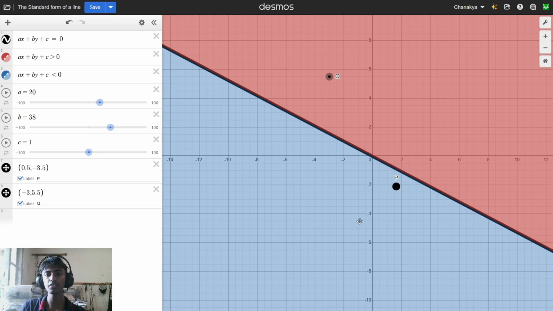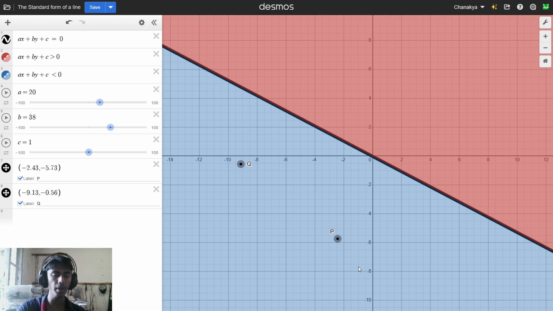If instead we take both of these points to the same side, but now they are on the minus side, now the value corresponding to P is going to be negative and the value corresponding to Q is going to be negative. Therefore, ax1 plus by1 plus c is going to be negative and ax2 plus by2 plus c is going to be also negative. Therefore, multiplying the two together will give you a positive number, because a negative number times a negative number is equal to a positive number.